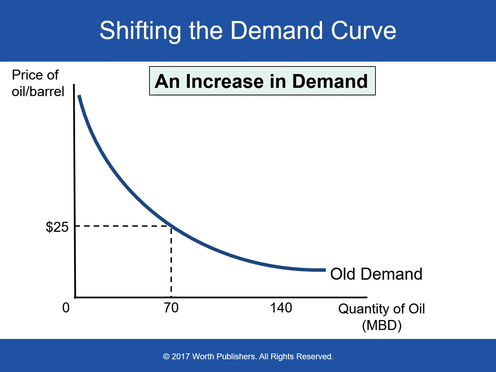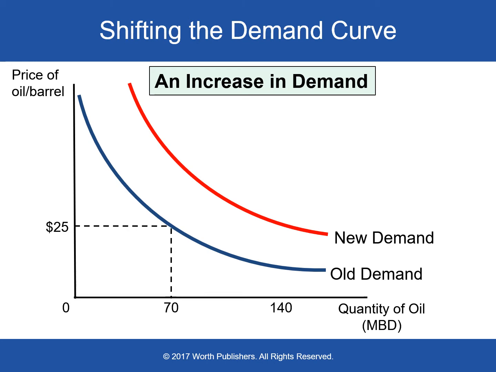Suppose something happens, some shock, like people want to fly more for some reason that's external to this diagram. People just suddenly want to fly more. Let's suppose they want to drive more, they want to travel more, everything else equal. Then you'd show that on the diagram by drawing a new demand curve, the red line there. And the red line represents an increase in demand. It's important to be very particular here.